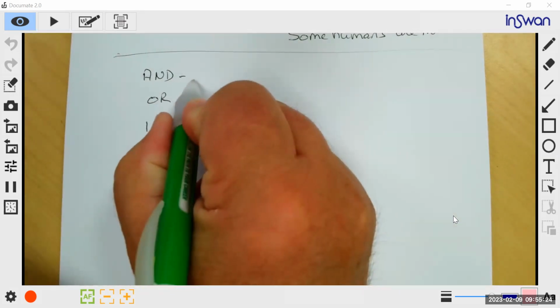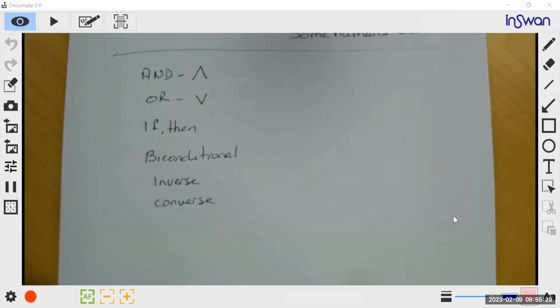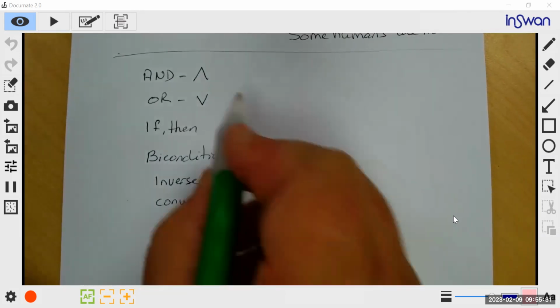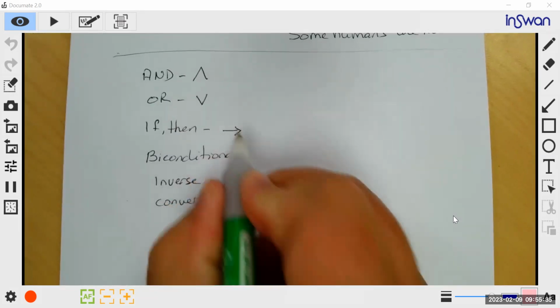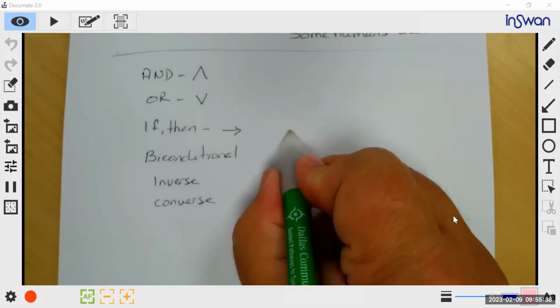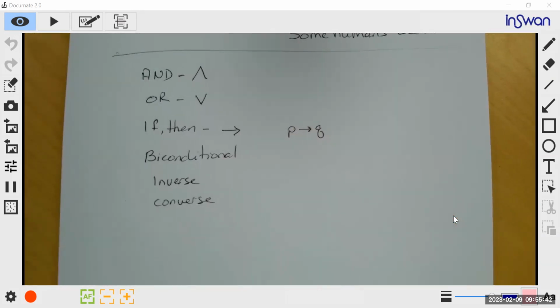So again, the symbol for and is that one. The symbol for or is that one. The symbol for if then. How would you read that statement?